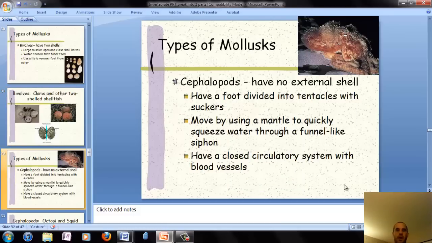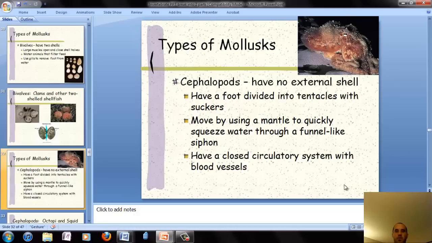Then we've got cephalopods, and you're thinking of your octopus and your squid. They don't have an external shell. They have just a small shell inside. Their foot, so you think of a slug and it's got that big foot that it uses to glide its body on. The foot of an octopus is divided into tentacles with suckers.